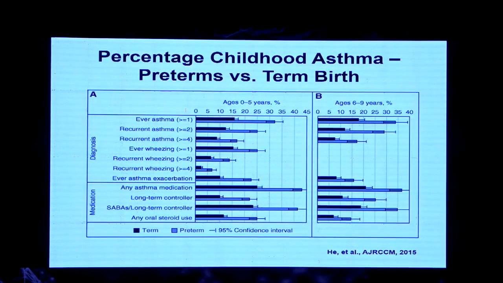And when we measure the outcomes in terms of wheezing episodes or asthma episodes, we end up by demonstrating that these babies are more likely to be wheezers, to be asthmatic, to be under medications, and to be affected by recurrent episodes of wheezing or asthma disorders, both in the first 5 years of age and also in the later age, in the so-called school age.